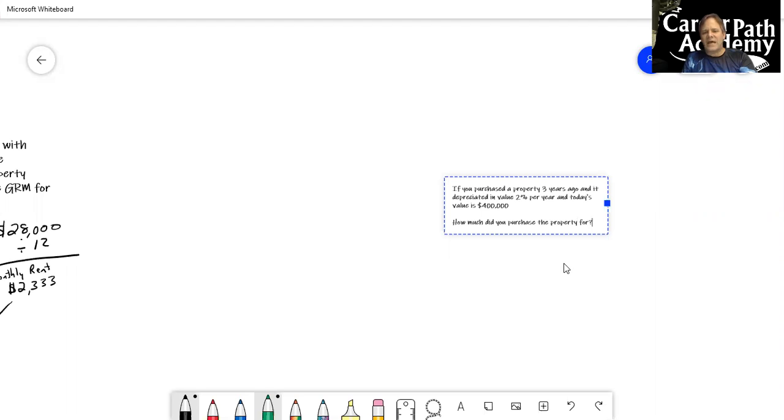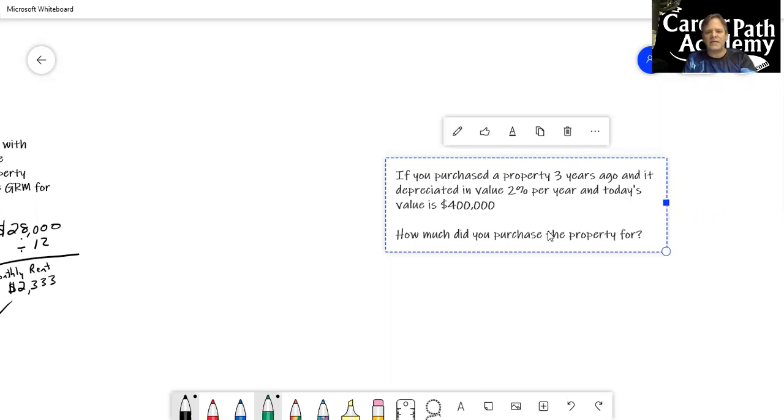Now, if it doesn't tell you which method to use, you're always going to use the straight line method, which is the easier method.